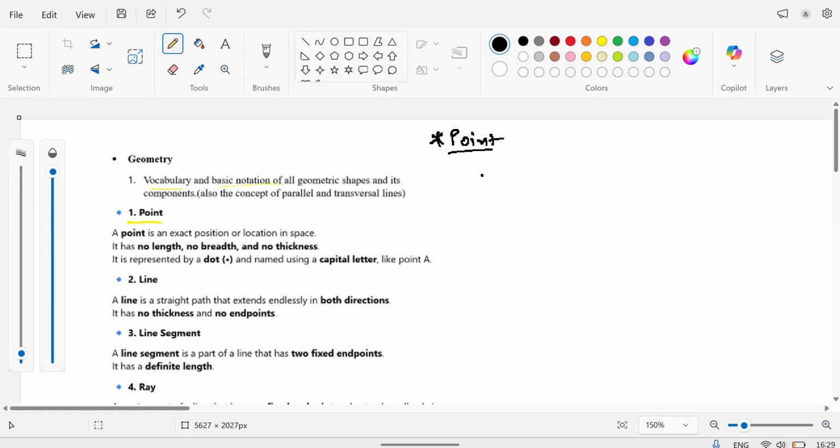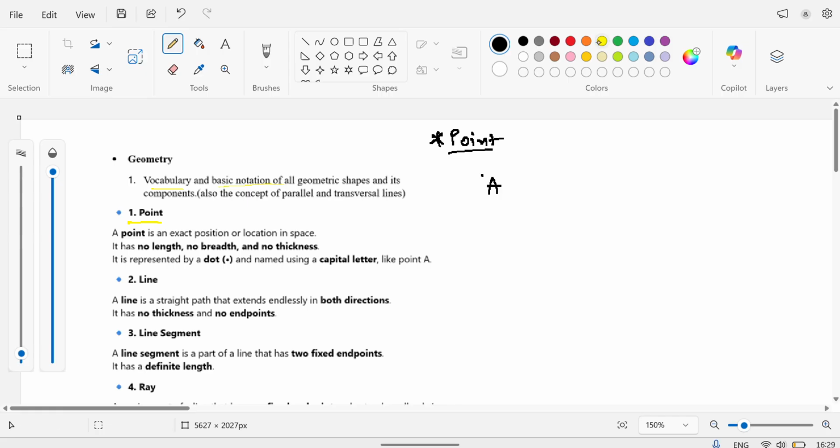We use a dot symbol for the point, and for representing it mathematically we use any capital letter of the alphabet. Another thing is that the point has no length, breadth or thickness. So it's one of the basic terminologies or basic geometric figures.